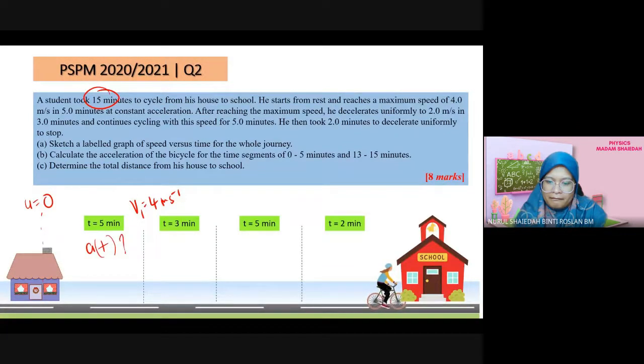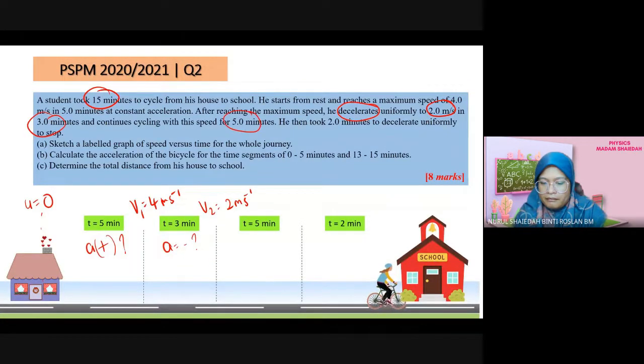After reaching the maximum speed, he decelerate uniformly to 2 meters per second in 3 minutes. So meaning within 3 minutes, the velocity dropped until 2 meters per second. And this happened at deceleration, so the a here is a negative value lah, we don't know the value. And then it continues cycling with this speed for 5 minutes.